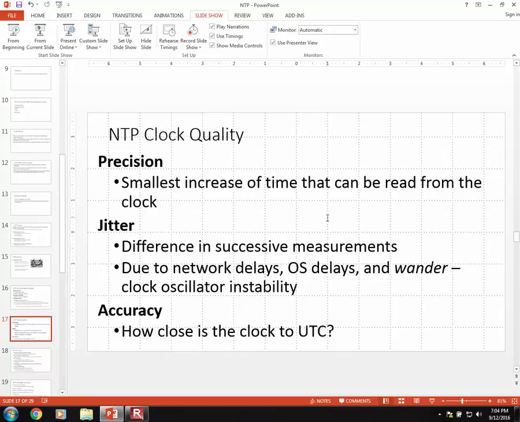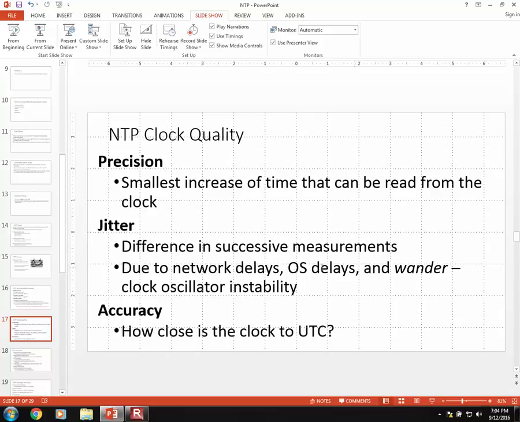Jitter is the difference in successive measurements, obviously on a network where you're going to have inconsistencies in time due to network traffic. You can experience jitter, which is the difference in successive measurements. And this can be due to delays on the network.